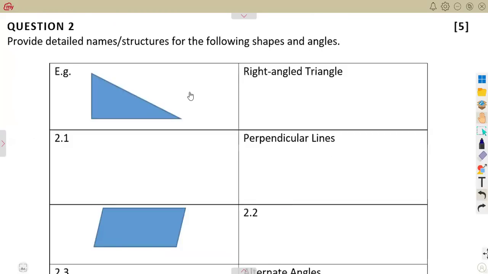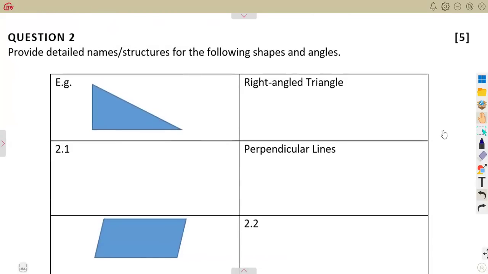Let's check number 2. On number 2, we are given: provide detailed names or structure for the following shapes and angles. For example, this is an example. They gave us a triangle, and they're saying it's a right angle triangle.